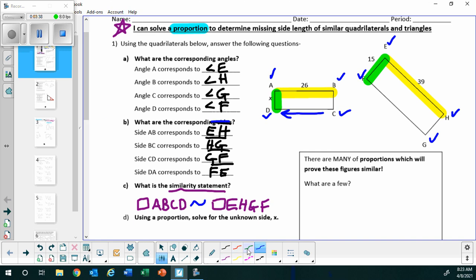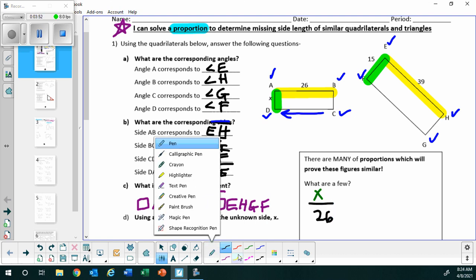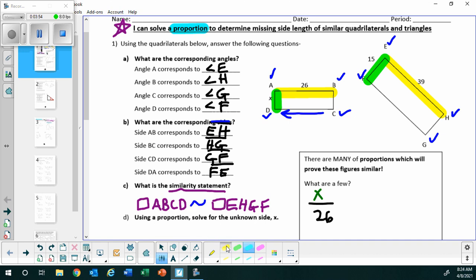So when I ask you guys how we can look at these shapes, several of you are going to see this green side and this yellow side, this unknown side, and then you're going to see the 26, which means you're comparing. Give me a sec to show you what all the options are. Don't worry about copying down quite yet. But I'm saying here you're comparing the green side to the yellow side.